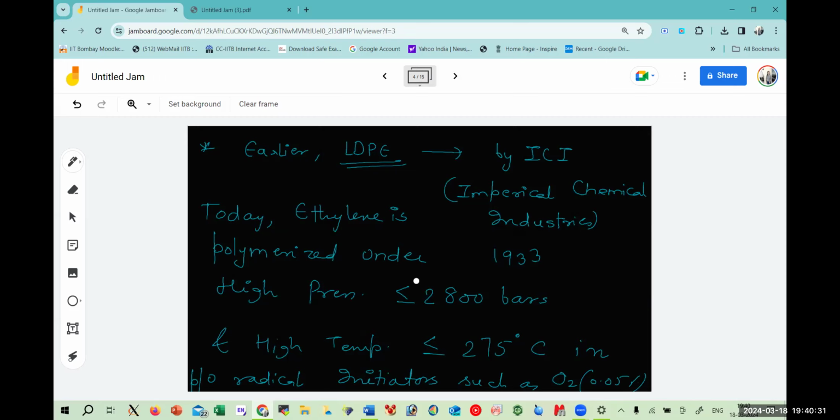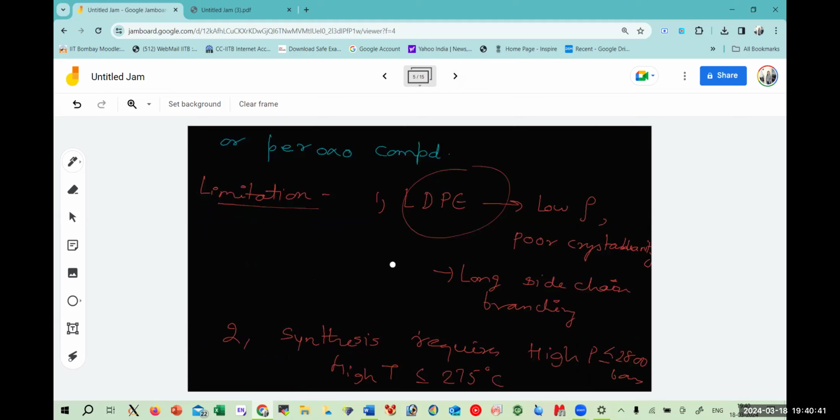Look at the pressures: up to 2800 bars, and temperatures reaching approximately 275 degrees, which is very, very high. LDPE has low density, poor crystallinity, and branching. So it has limitations, and the synthesis requires a lot of pressure and temperature.